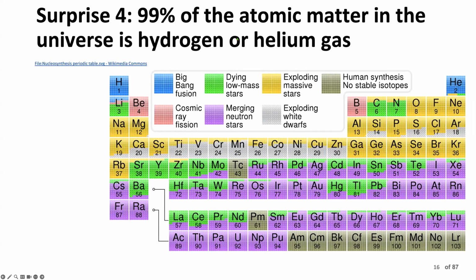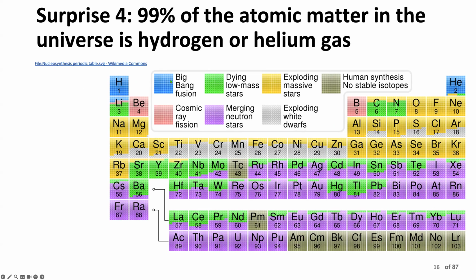I mentioned that we know the origin of the elements that come from what is called nucleosynthesis. Here's the periodic table of elements you saw when you were a student. And all the elements are here, including the ones that are artificially created by humans in reactors and so forth.